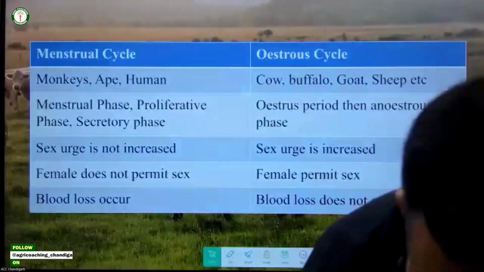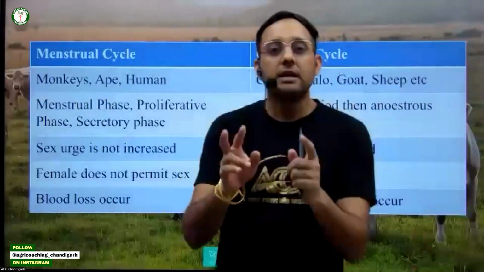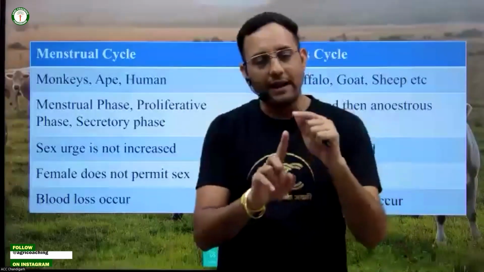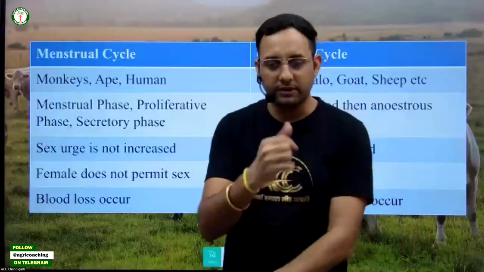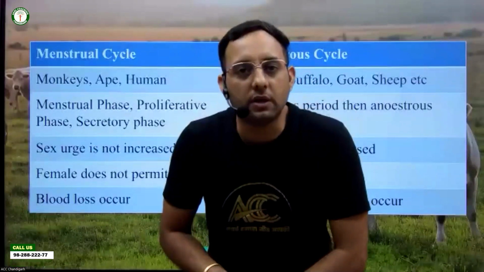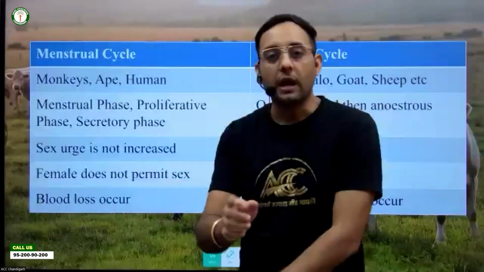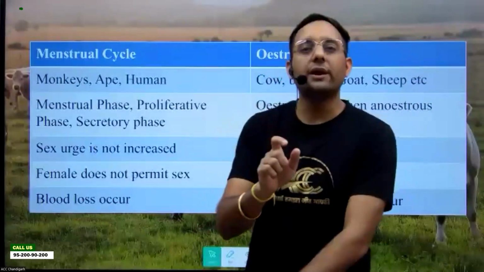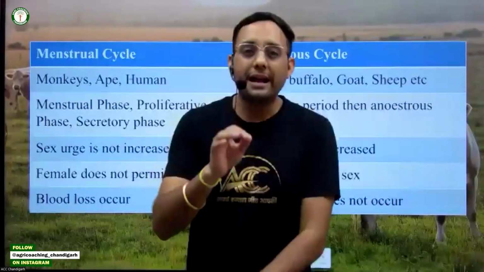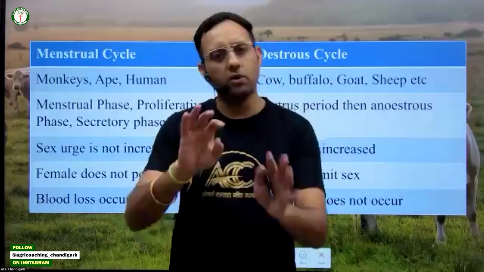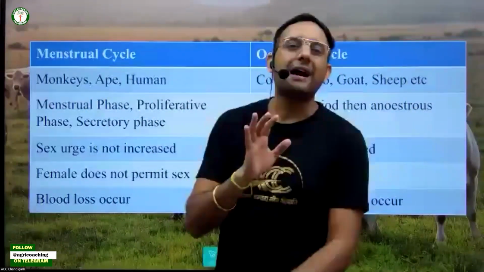The hypothalamus will produce a hormone known as GnRH. GnRH is gonadotropin releasing hormone. Don't write the name of this, I'll show you everything. The hypothalamus will start this process.